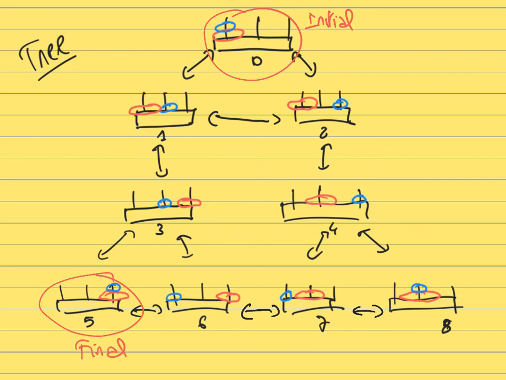And now it becomes very obvious to find the most efficient way to go from the initial state to the final state, which in this case is to first move the small disk to the middle, then move the large disk to the right, and then put the small disk on top of the large disk. So in only 1, 2, 3 actions, you can solve this problem.